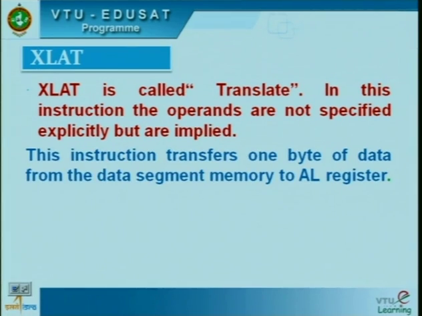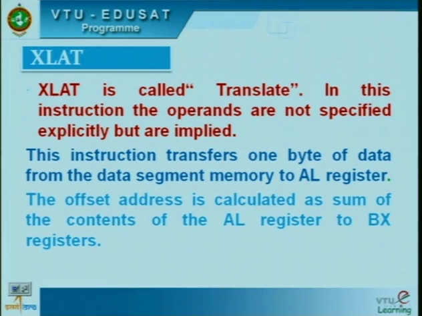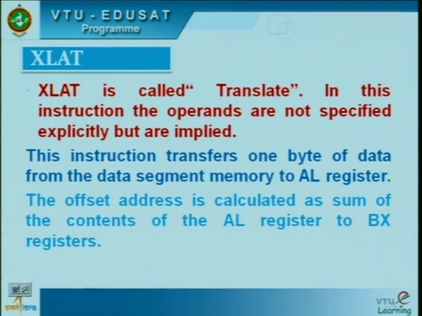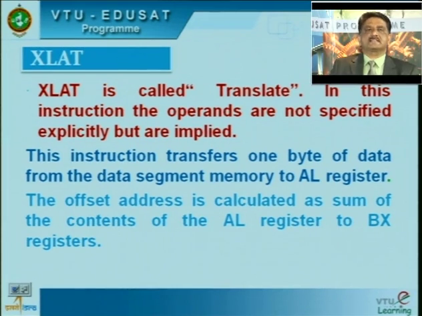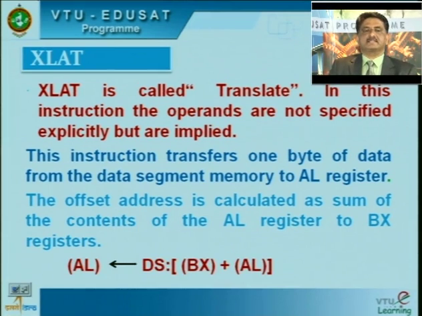This instruction transfers 1 byte of data from the data segment memory to the AL register, where the offset address is calculated as the sum of the contents of the AL register and the BX register. It is nothing but AL being loaded with the contents of the memory location obtained by adding DS with the offset address BX plus AL.